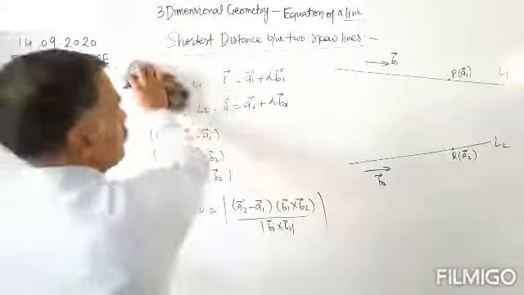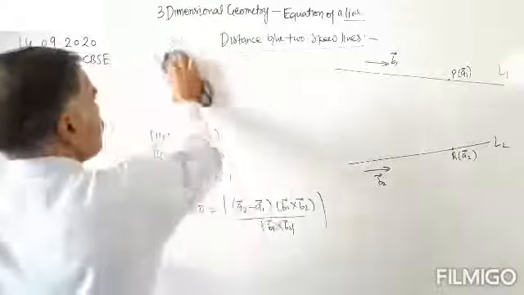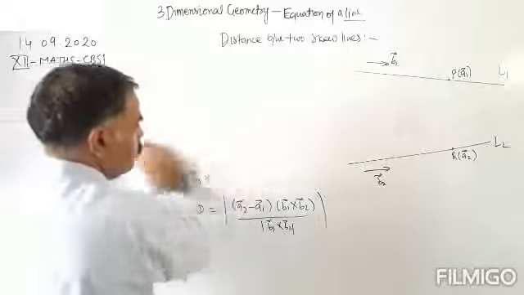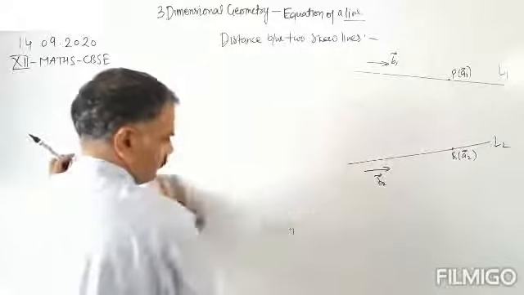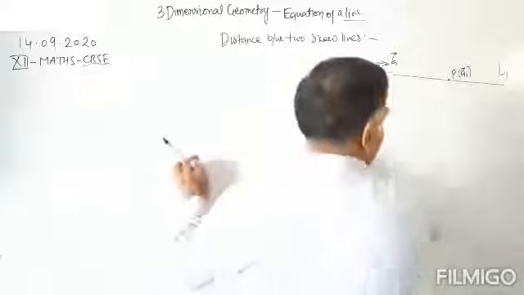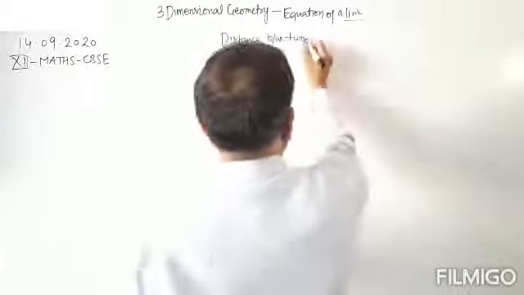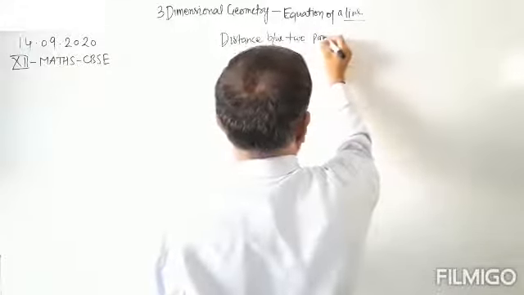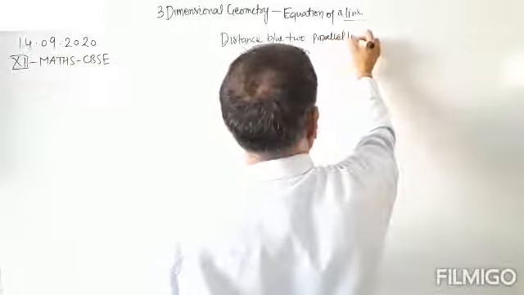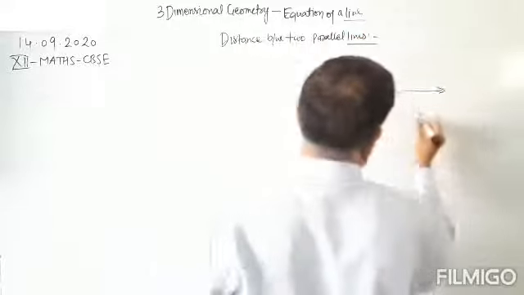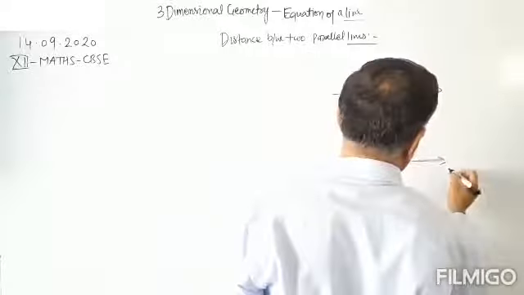Now lastly we will find the shortest distance between two parallel lines, not skew lines. Let line L1 be parallel to line L2.